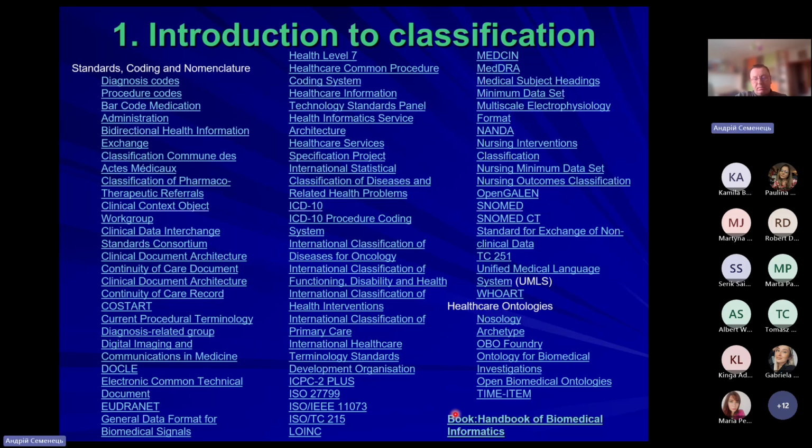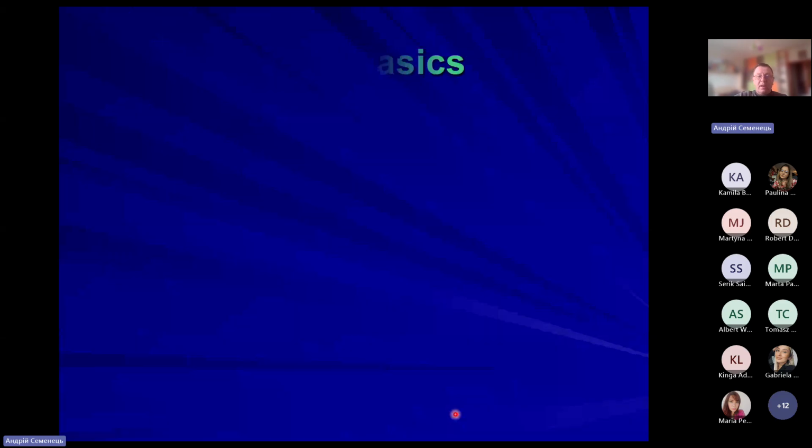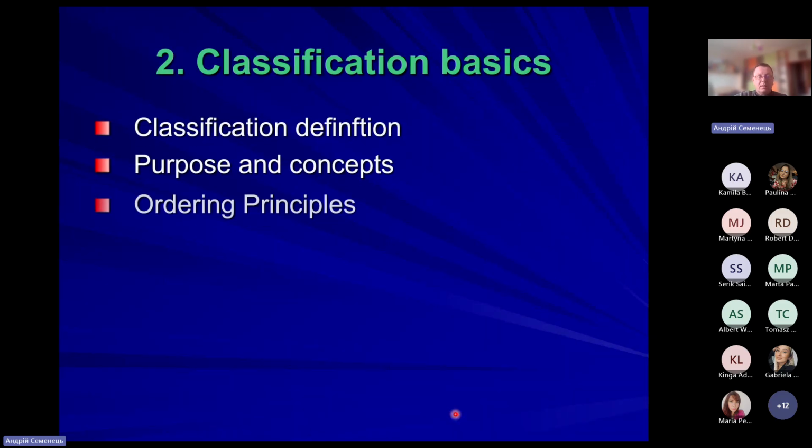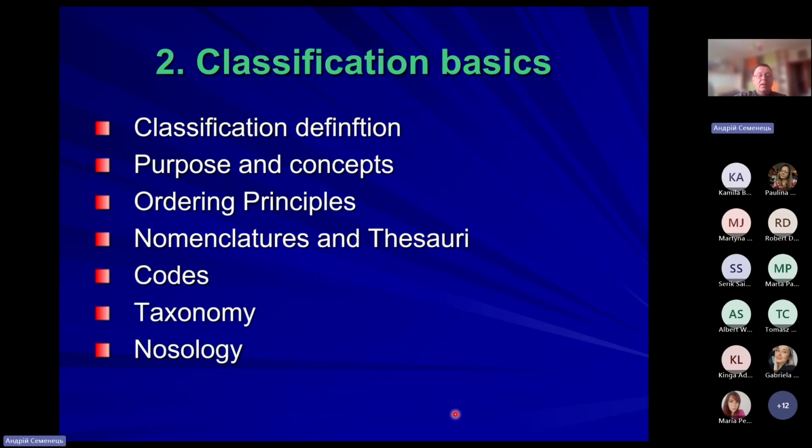So in the next part of the lecture, I will try to get back to the beginning and provide some introduction about what makes all this possible. I already spoke about it. So what is coding? What is classification?